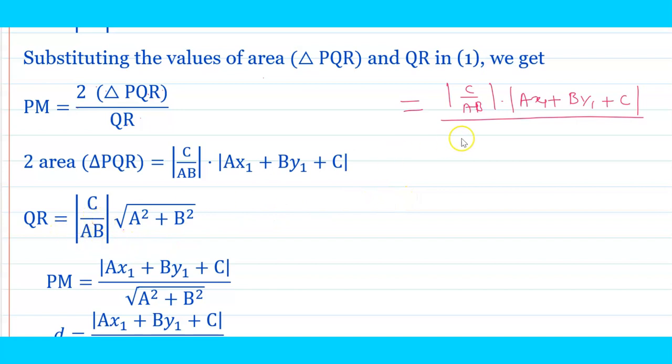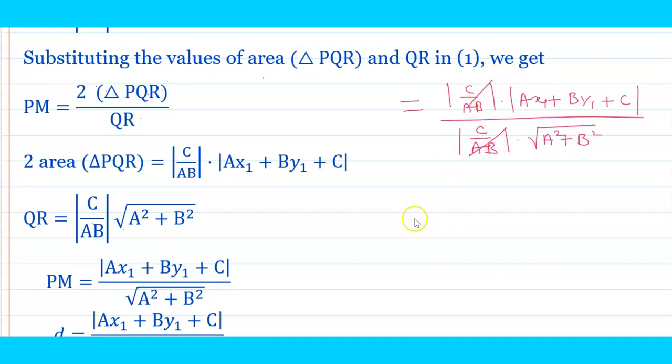Upon QR. QR means what? Again, C upon AB in mod, in root of A square plus B square. Now what's happening here?